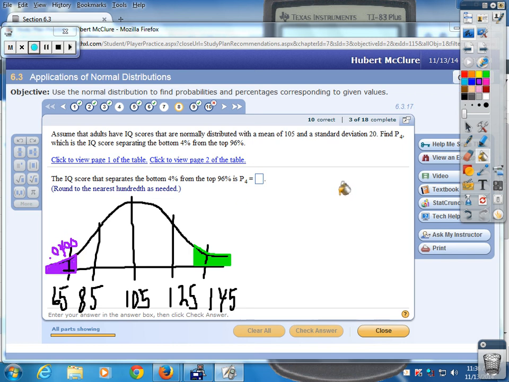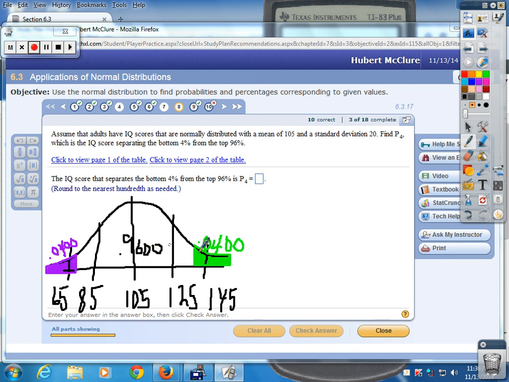All right, so there's the two they want to find. But the problem is, if you're not using a calculator and you're using a table, this is not in there. The green 4% is not in there, so you got to look in the table under 0.9600.